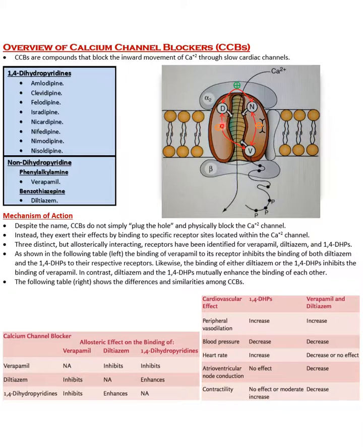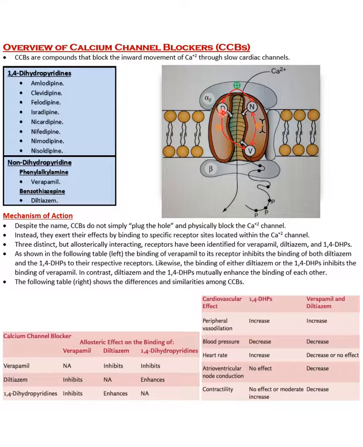But if you combine diltiazem with verapamil, then they inhibit the effect of each other, and the same with verapamil. If you combine it with 1,4-dihydropyridines, they inhibit the effect of each other, which is illustrated here in the table. Because they all work at the same receptor allosterically, they do interfere with each other.